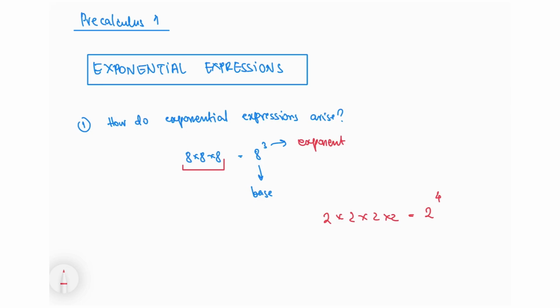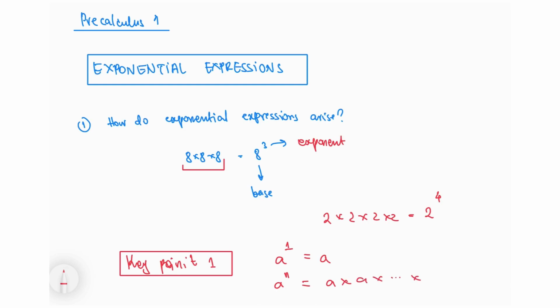and so on. So key point 1 is that a to the power 1 equals a, and a to the power n is a times, and so on times a, n times.